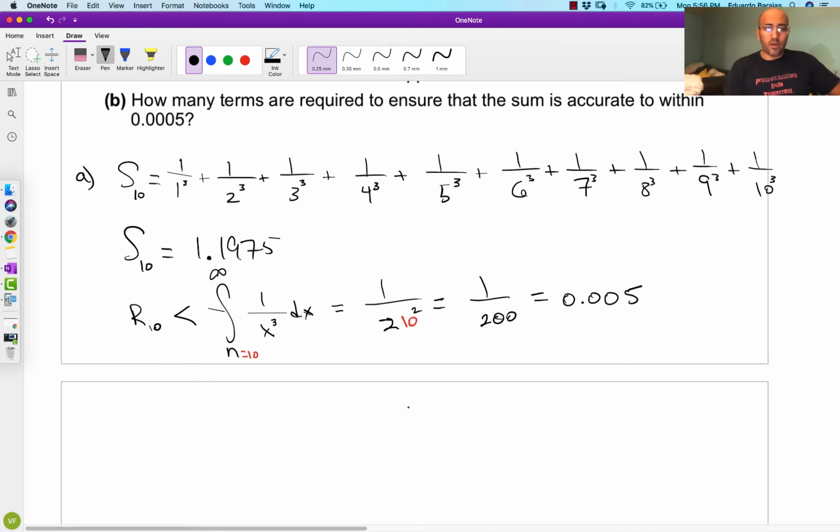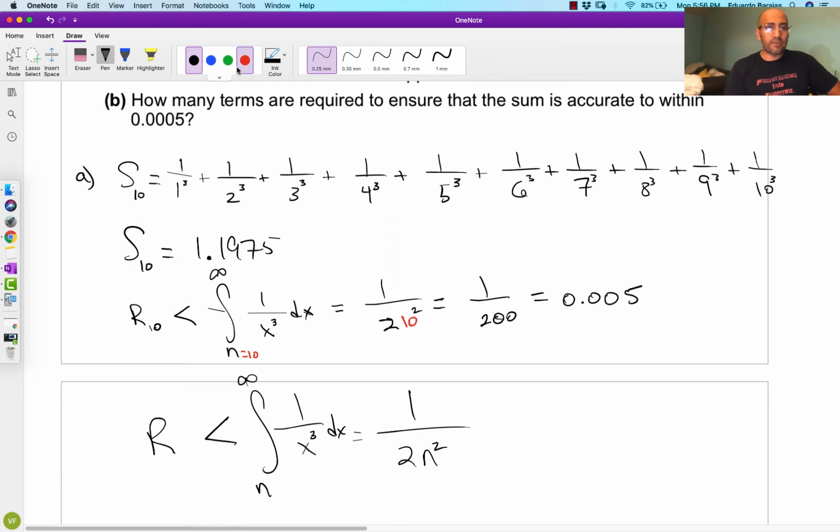We know 1 over 2n squared was the result of finding the integral from n to infinity of 1 over x cubed dx, and this represents an upper bound for that remainder.